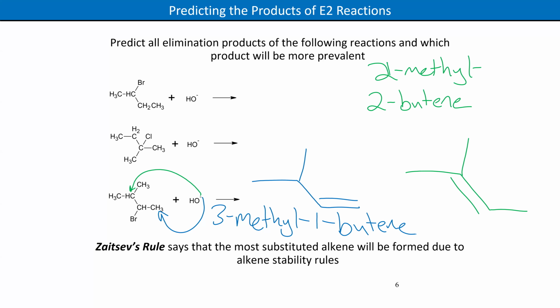So you only name one side of the alkene, because it has to be between two sequential carbons. You don't need to say 1,2-butene, because if it starts on carbon 1, the other side of it has to be carbon 2. Why 3-methyl? Because if this is carbon 1, 2, 3.